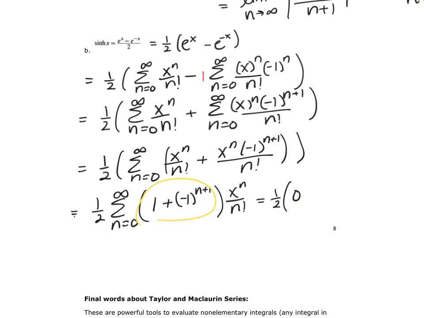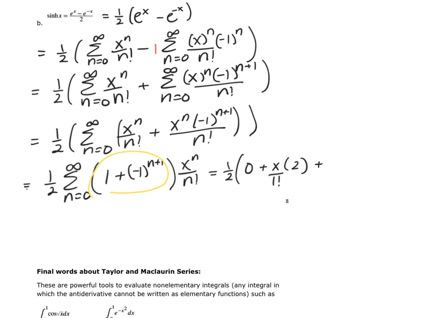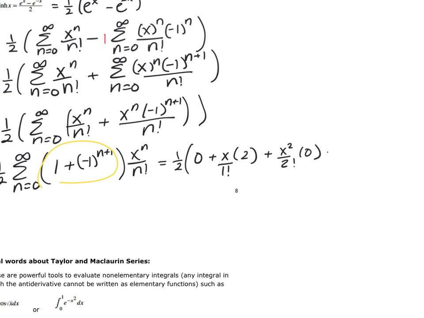I put in a 1 into my next term, and I get plus x over 1 factorial times 2, because 1 plus 1 is 2, negative 1 squared gives me 1, so 1 plus 1 is 2. Cool. And then x squared over 2 factorial gives me 0.